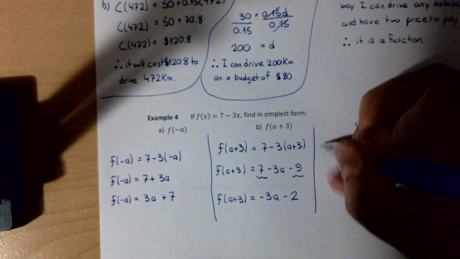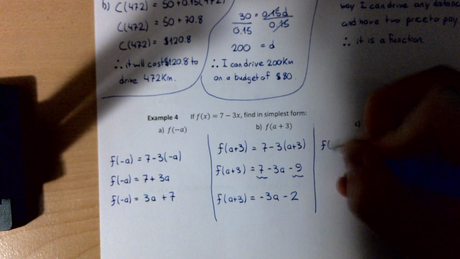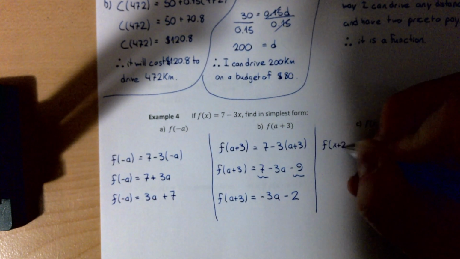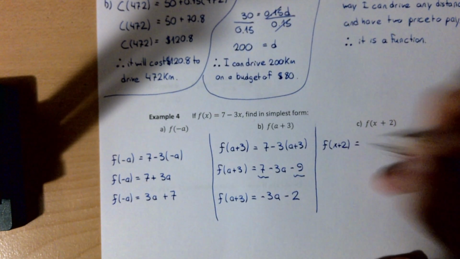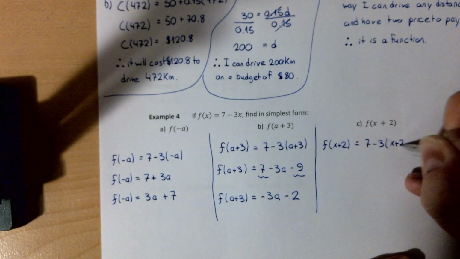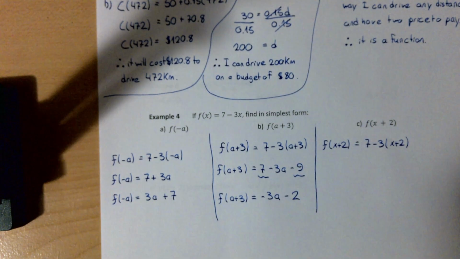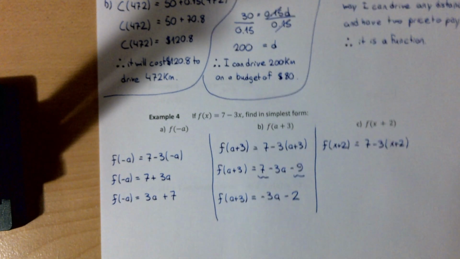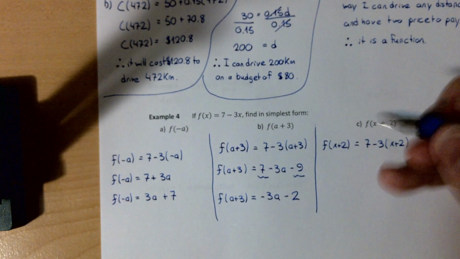And now I've got f of x plus 2 is equal to 7 minus 3 bracket, and now I've got x plus 2. And just like in part B, I'm just opening the brackets, grouping like terms if possible to simplify as much as I can.